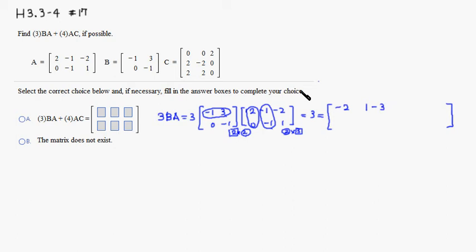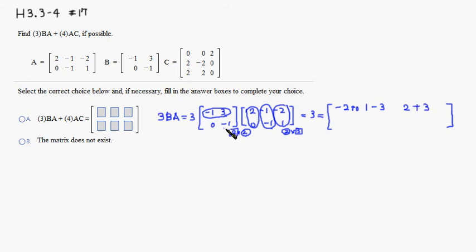Then 1 times negative 2 plus 3 times 0, so negative 2 plus 0. Then the last column is negative 1 times negative 2, which is positive 2, plus 3 times positive 1, which is 3.